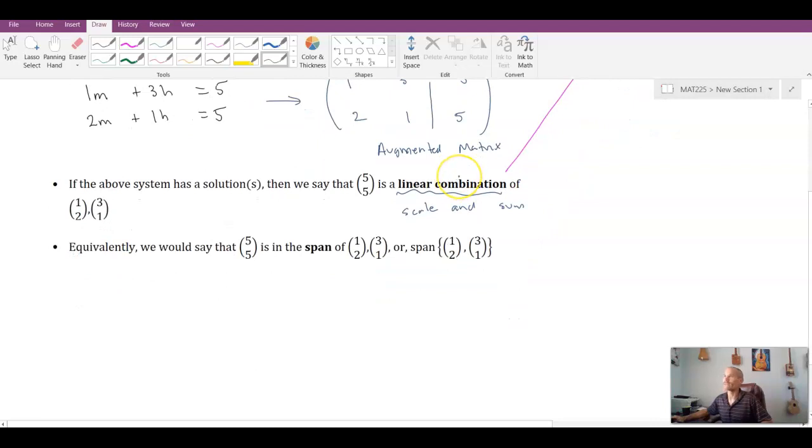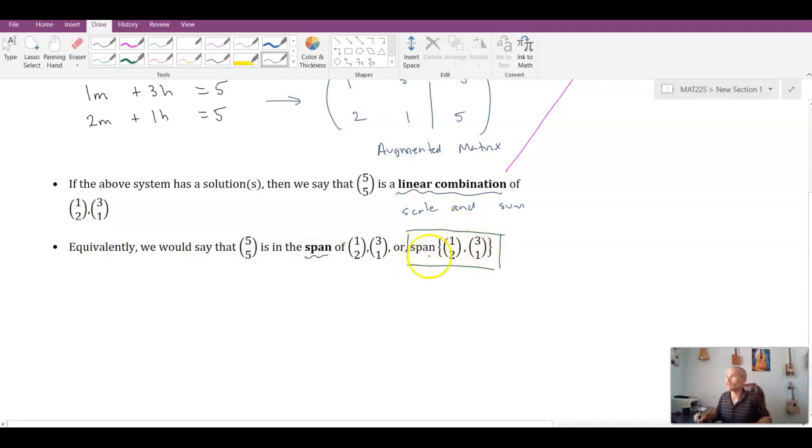An equivalent way of saying this is 5, 5 is in the span of 1, 2, and 3, 1. Or you could write it like this. You could say, yes, 5, 5 is in the span, bracket, and then the list of vectors that it's in. What we mean by span is if you think about it as a wingspan, that's how far those vectors can stretch out.